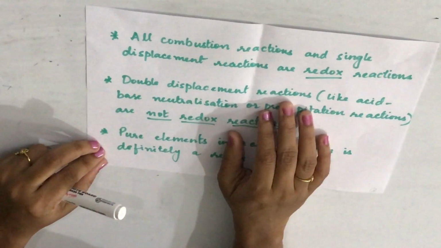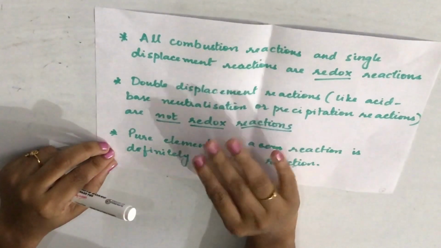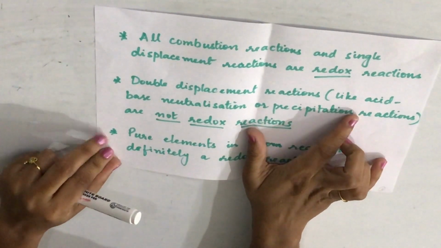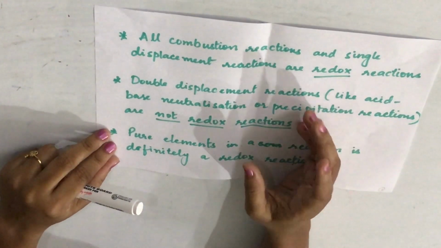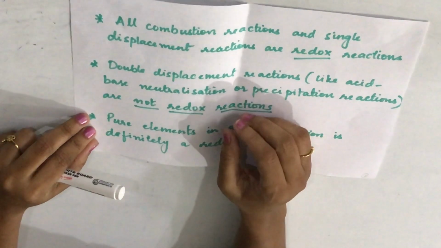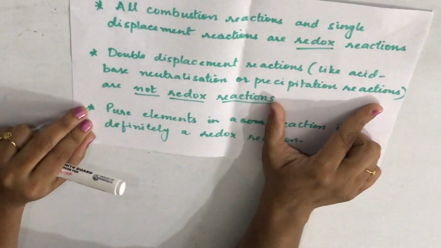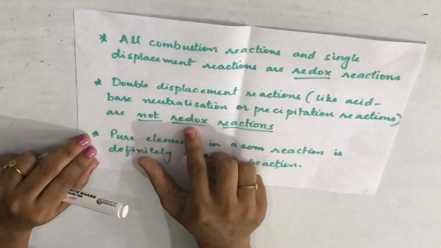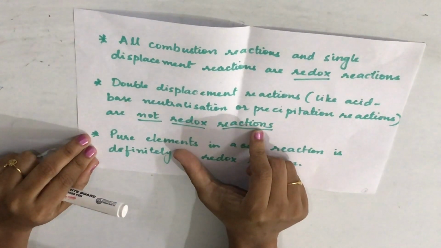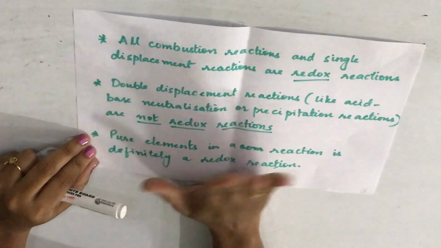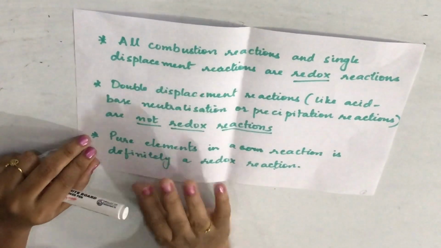Double displacement reactions, the 4th type, like the acid base neutralization and the precipitation reactions we have seen, are not redox reactions.